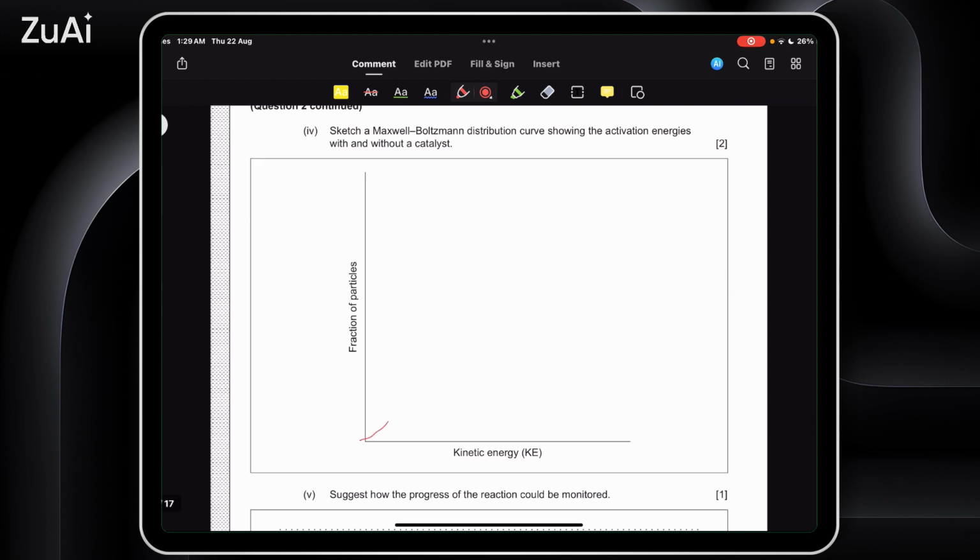That's so easy. So this is, for example, the activation energy without catalyst.